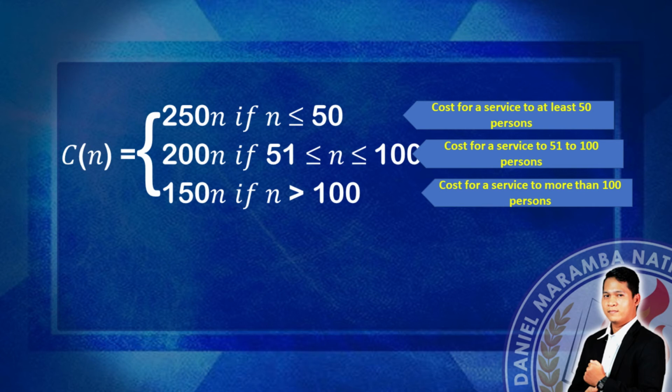This is for the cost for a service to 51 to 100 persons. And another is 150 times n if n is greater than 100. Cost for a service to greater than 100 persons.